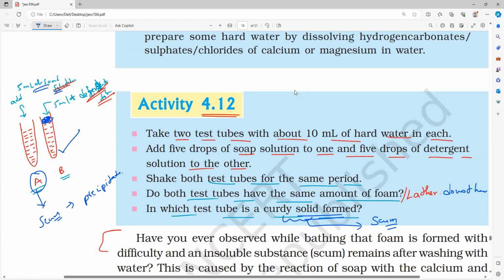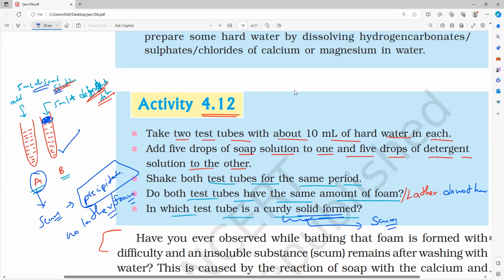But test tube A will form a precipitate with very little lather, or even no lather or foam at all. So that is the conclusion: detergents can be good cleansing agents even in hard water by giving a good amount of lather. That is what you have to remember.